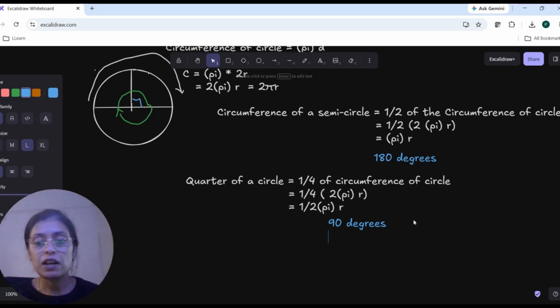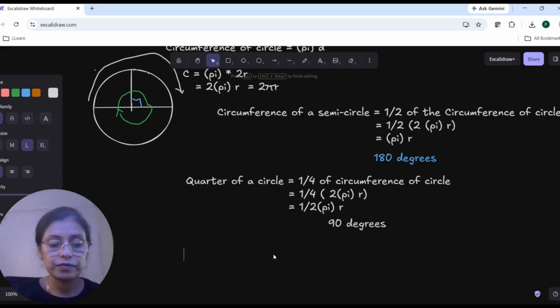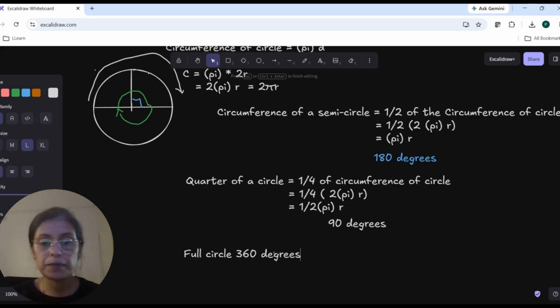So if we start writing it all together: full circle, 360 degrees, circumference is equal to 2 pi r.